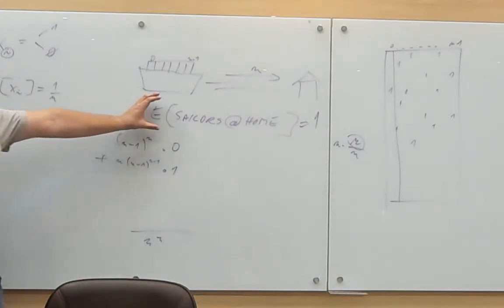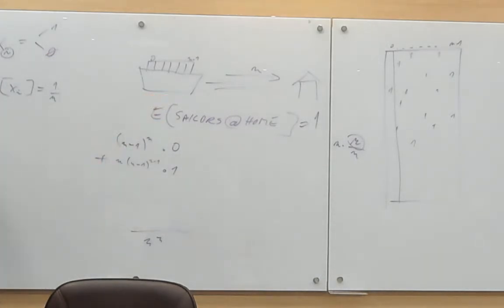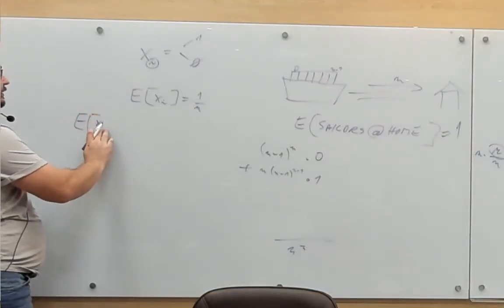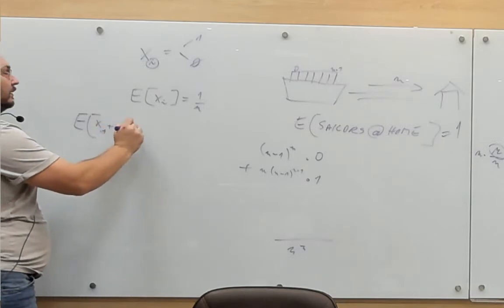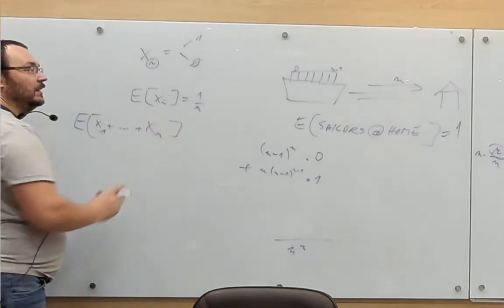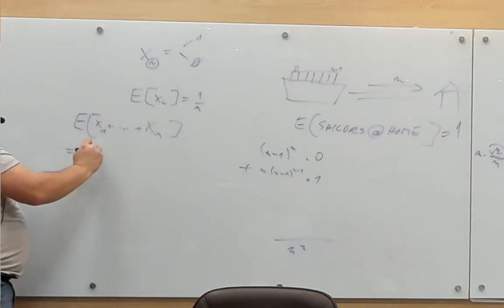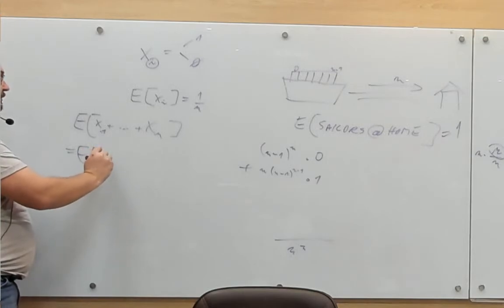And the total expected number of sailors at home is simply the expected value of the sum of all of these random variables. The statement about linearity of expectation tells you that the expected value of a sum is simply the sum of the individual expected values.